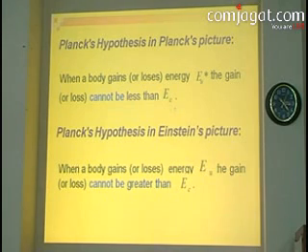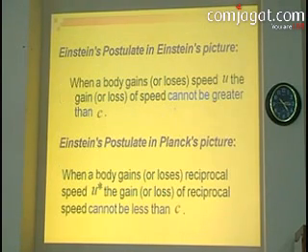Einstein postulated that speed cannot be greater than c. The same thing we can say in terms of slowness or reciprocal speed. The reciprocal speed cannot be less than c, and it again becomes like Planck's statement. So this is Einstein's postulate in Planck's picture.